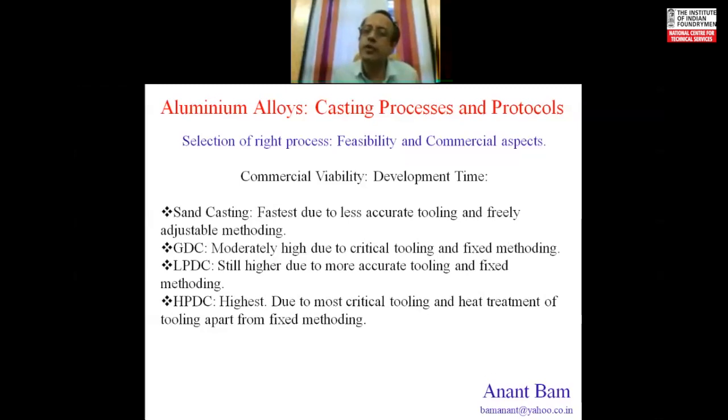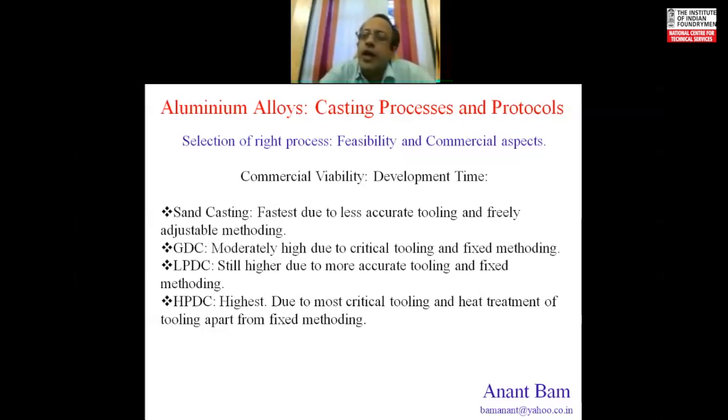It has to be pressure tight tooling. And again, the fixed methoding. In HPDC tooling, the development time is the highest because the tooling is very, very critical. You are injecting liquid metal in the die at a very high force, at a very high pressure, and the die has to be perfectly blue matched.